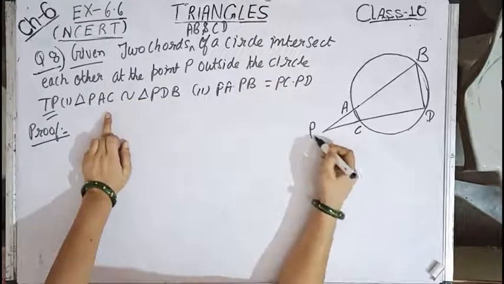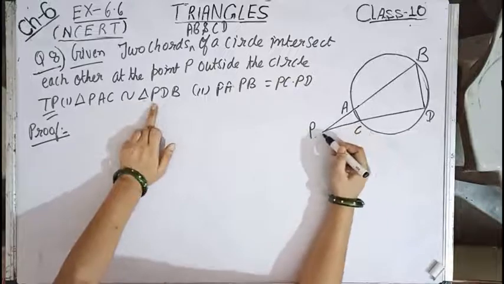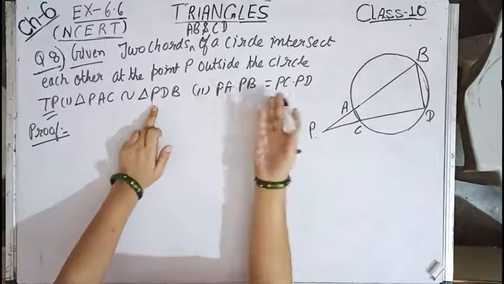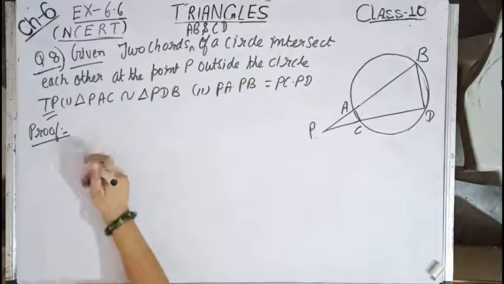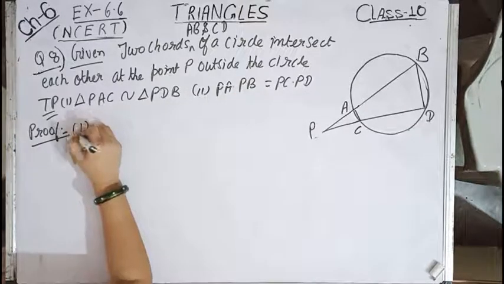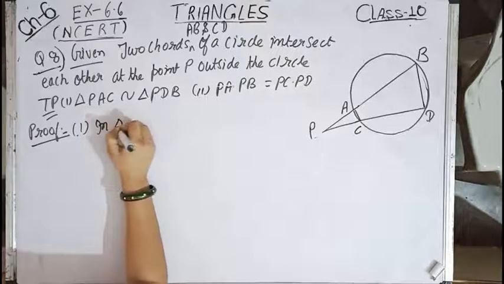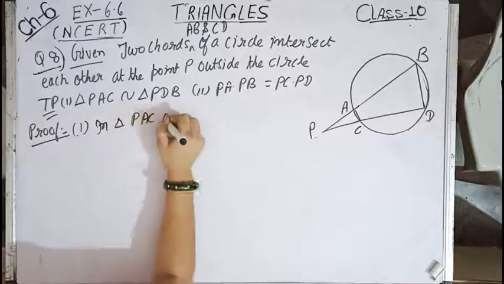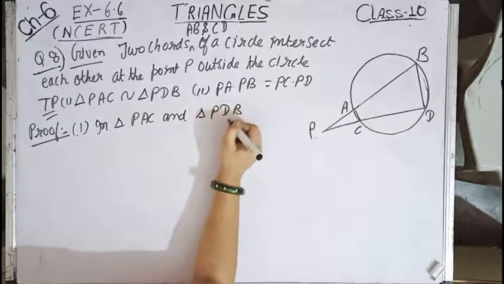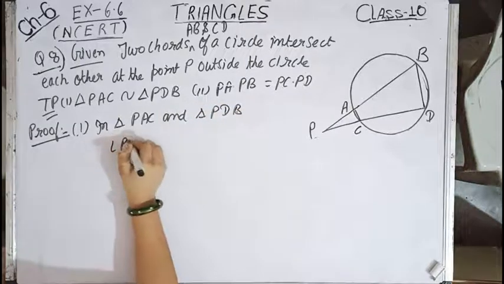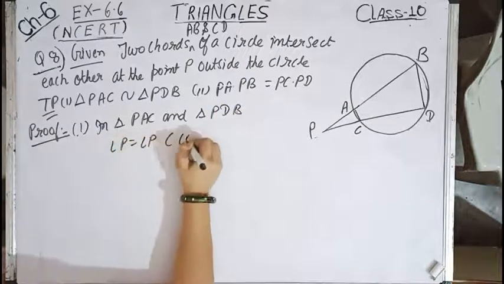Now we have to prove that PAC is similar to PDB. And the second relation, obviously when we prove it similar, we will be getting this. So let us prove number 1 first. In triangle PAC and triangle PDB, angle P equals angle P, common.